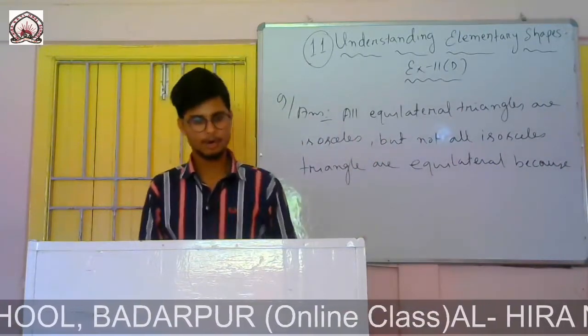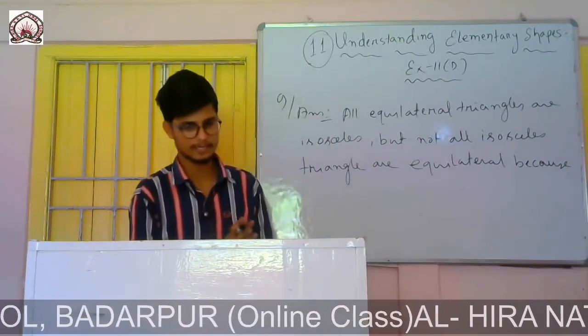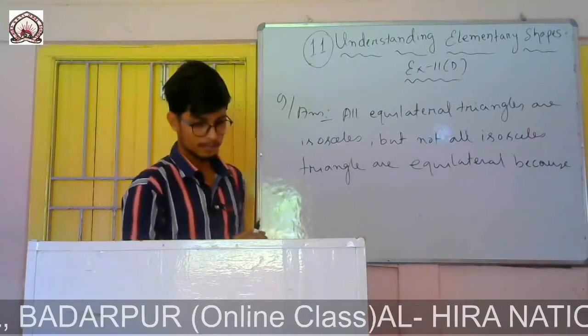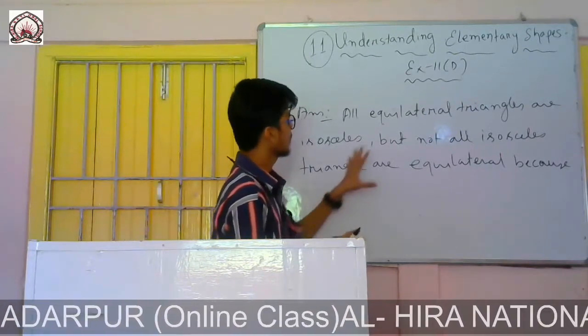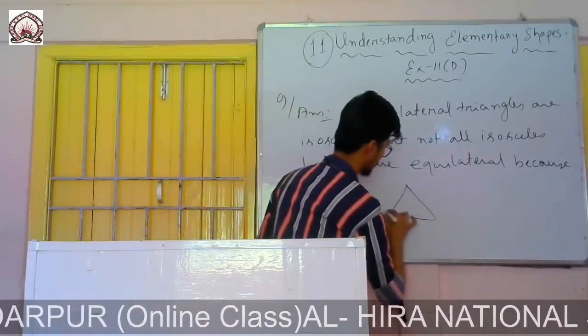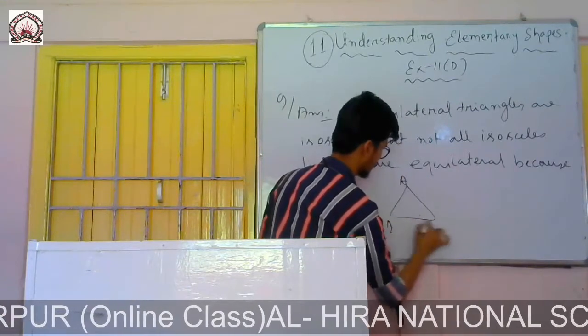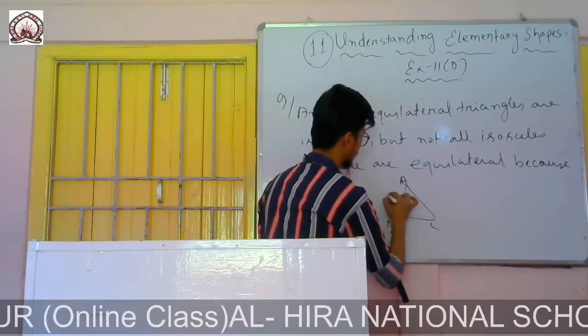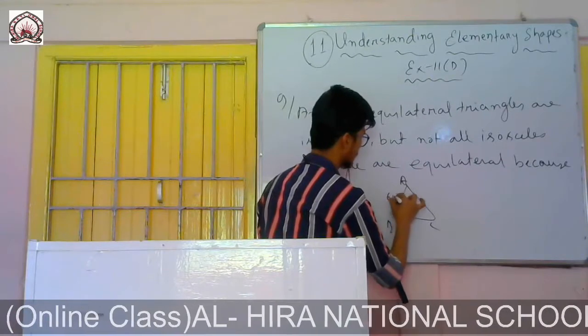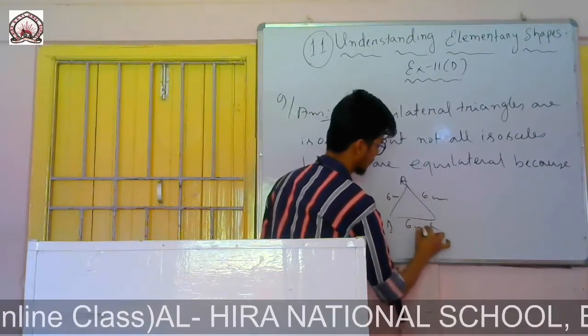Sorry, the question is that if I draw this, this is an equilateral triangle, you see. So all the three sides are equal. If this side is 6 centimeters, then this side also will be 6, this side also will be 6.